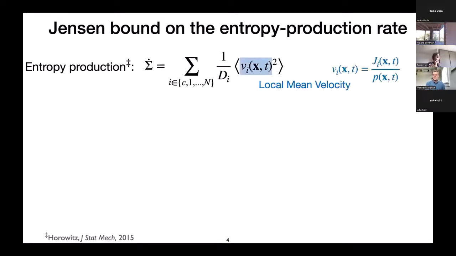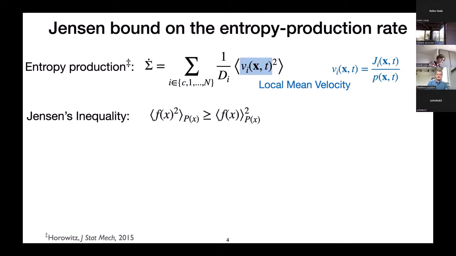In particular, these terms have ensemble averages of the local mean velocity squared, which is related to the probability flux. When written in this form, the cool thing you can do to this expression is use Jensen's inequality, which relates the average of the square of a function to the square of the average of a function.